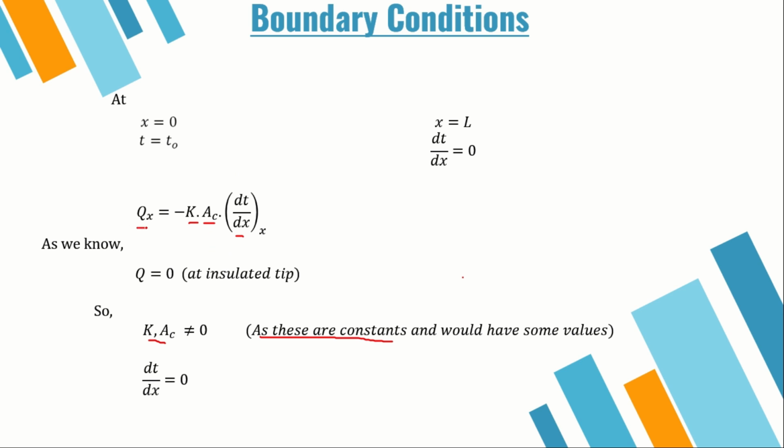To make q equal to 0, dT by dx should be equal to 0. So this is the boundary condition. That is, at x equal to 0, T is equal to T naught, and when x is equal to L, dT by dx is equal to 0, because k and Ac can't be equal to 0.